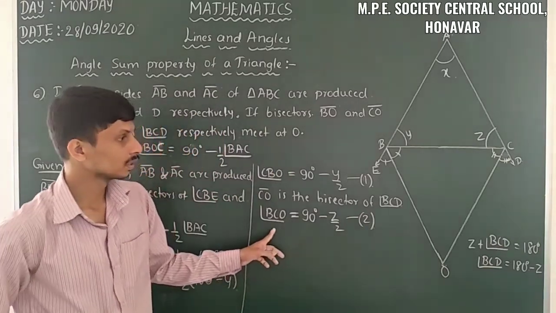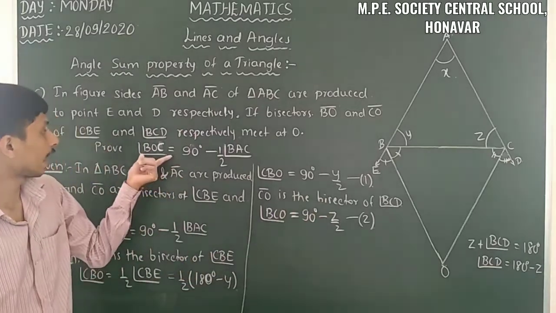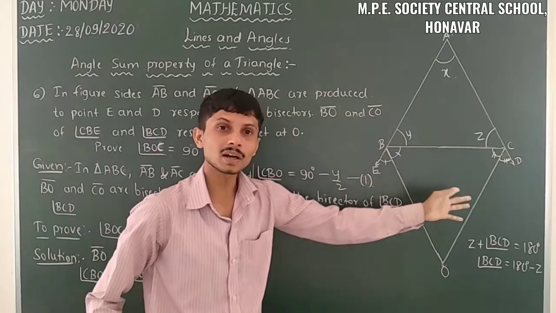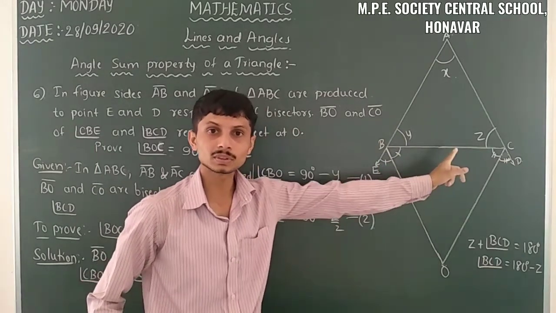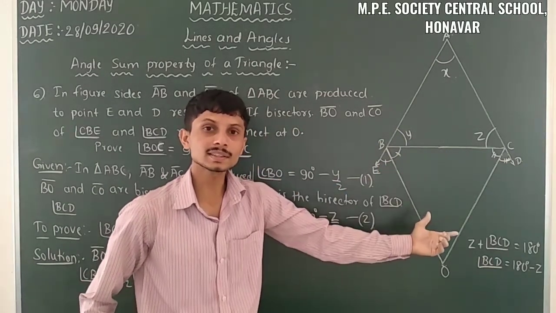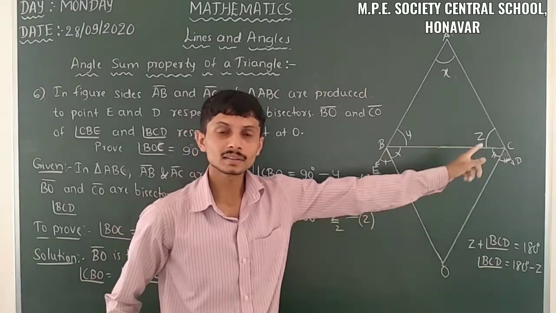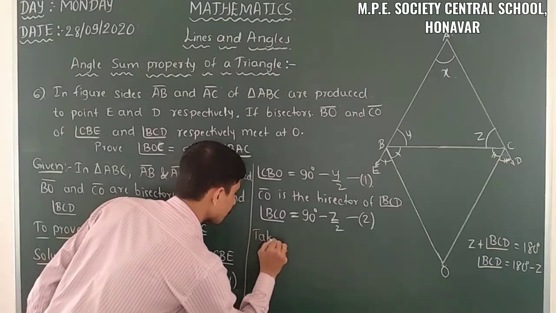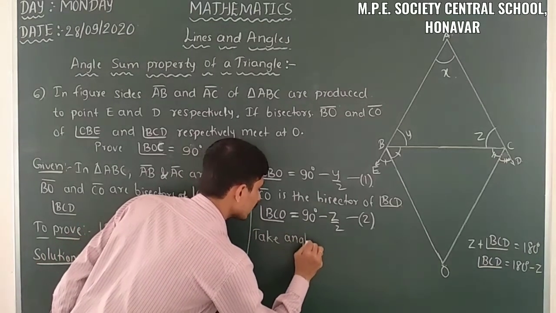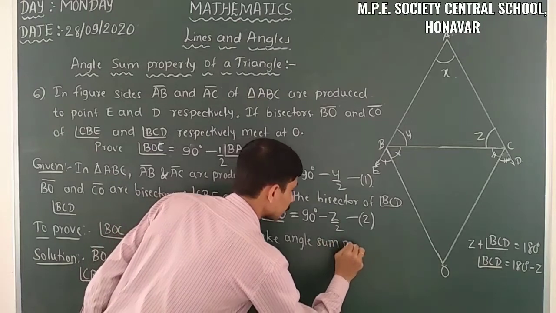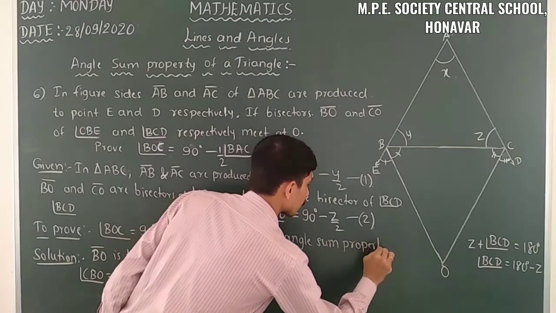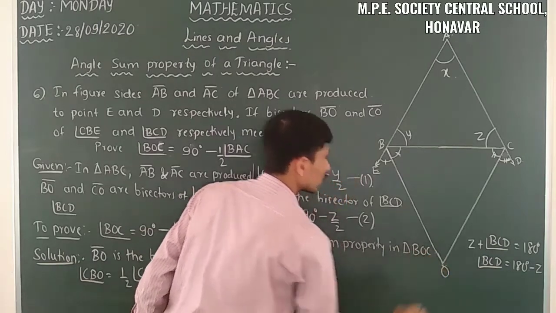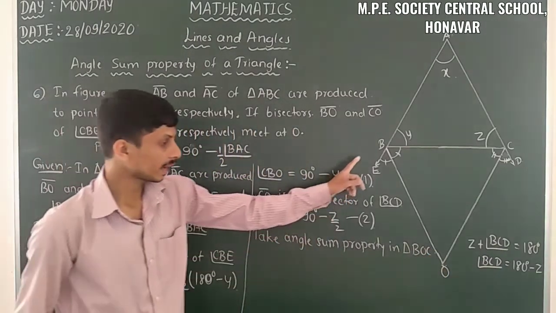Then here we want angle BOC. Here angle BOC is a part of the triangle BOC. So let us take the angle sum property in triangle BOC. What are the angles here?